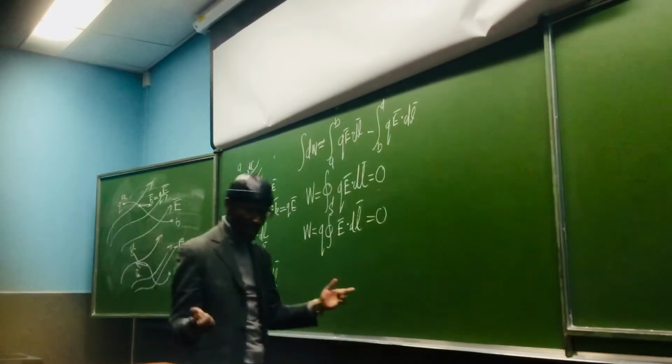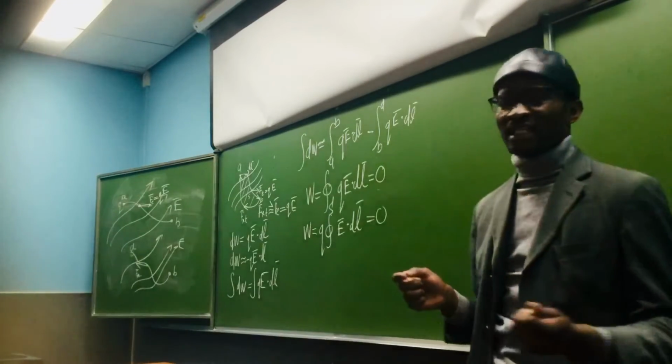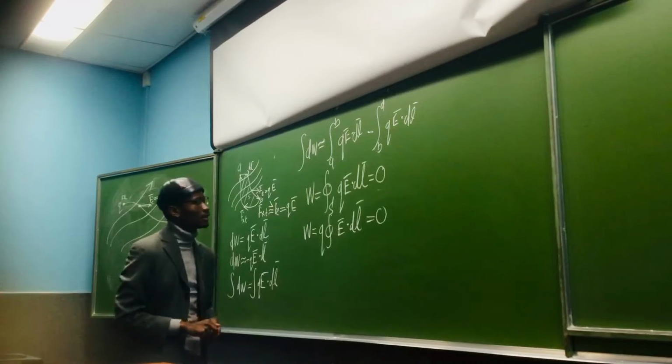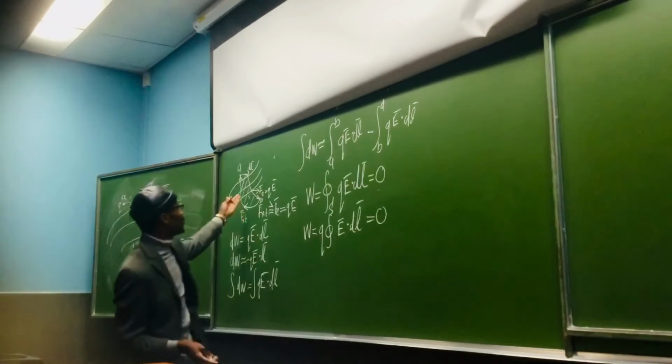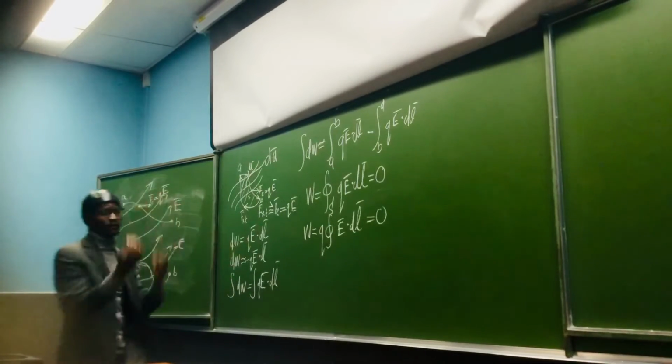This is interesting, because now we understand there is another theorem that exists in physics, and we call it Stokes' theorem. Here we enclosed a path, so there was an area that was enclosed.